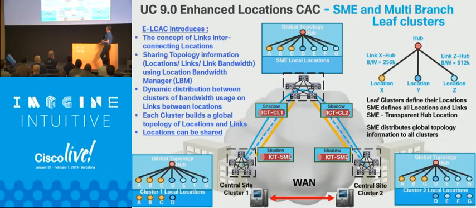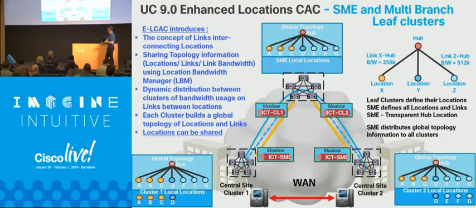You can also use enhanced locations CAC. Again, a bit busy here, but the key point is that with enhanced locations CAC, you can share topology information across all of the clusters. And the key thing that you get here is that you can define the topology information and the bandwidth into and out of those locations centrally, and replicate it across all of the other sites. So all you need to do is assign locations to devices.